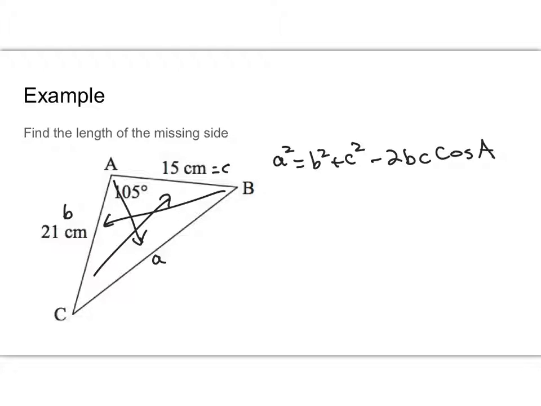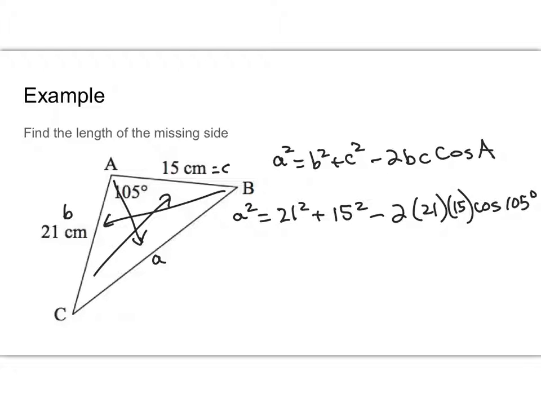And then I'm going to fill in the values that I have. A squared I don't have. B squared is, God, I'm blind, 21 squared, I hope that's right, plus 15 squared. Wait, it's my problem, so who cares? You won't know. 2 times 21 times 15 times the cosine of 105.